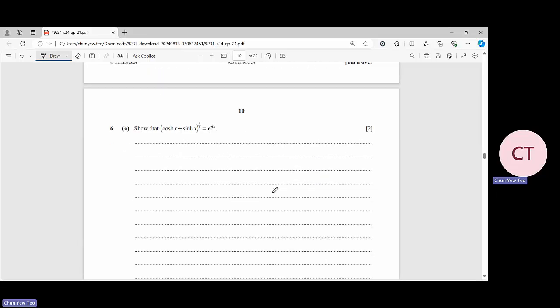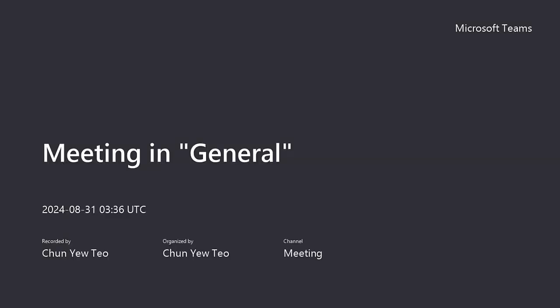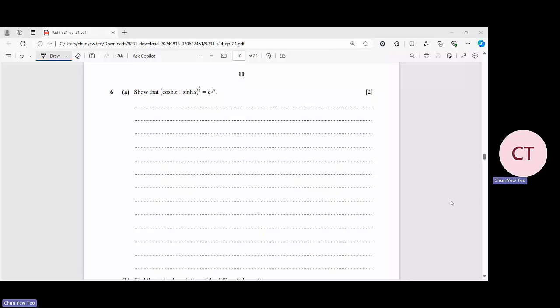Now we're moving on to question number 6. Now we take a look at question number 6A. Show that cos plus sine to the power of half is equal to e to the power of half x. So first of all, we start from the left-hand side.